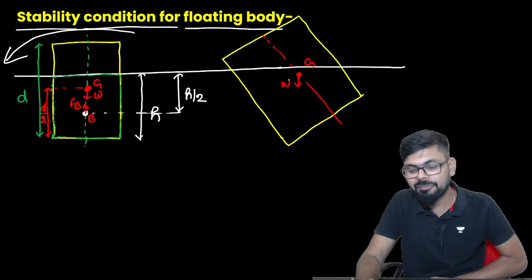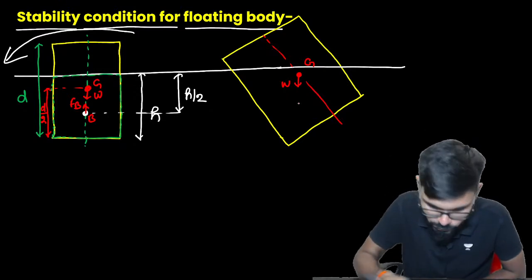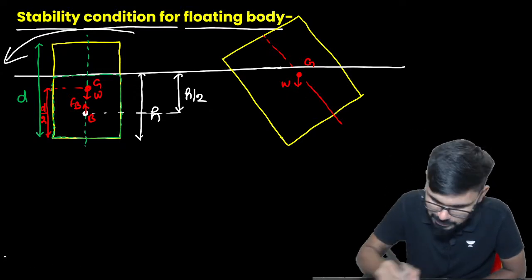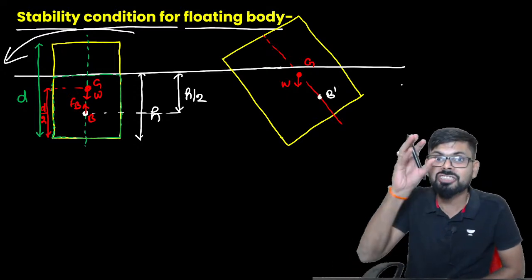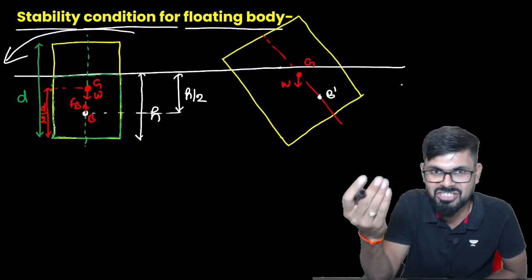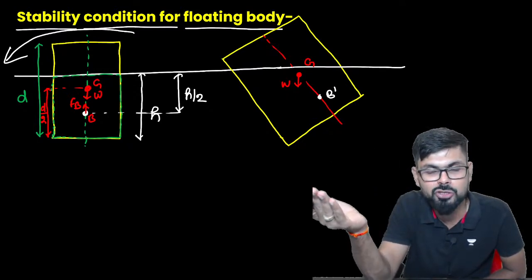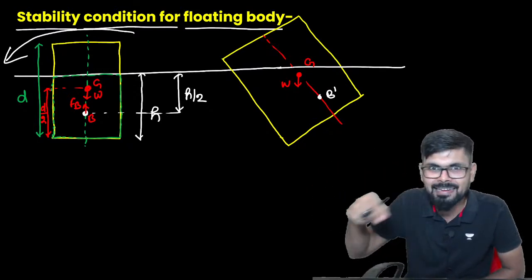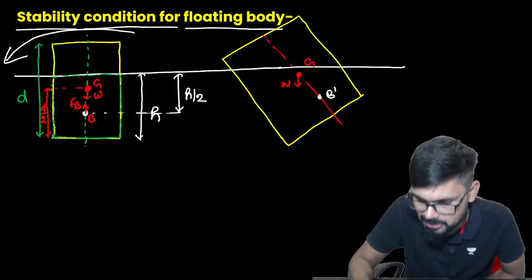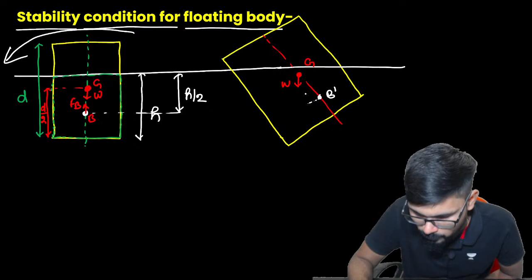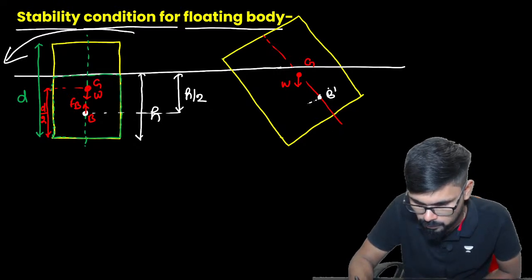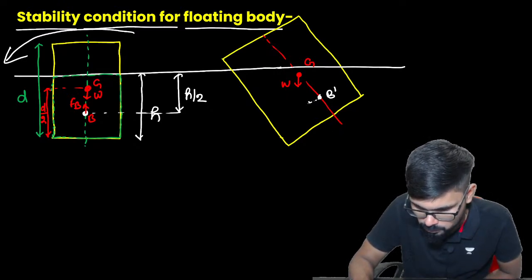But B will definitely change. Earlier B was somewhere here. Now because the shape of the displaced fluid has changed, it will not act on this particular axis; it will shift in this direction.